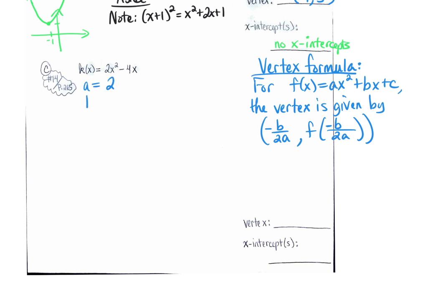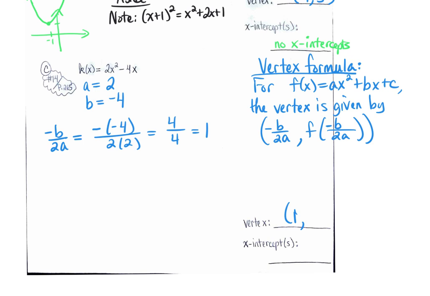Yes, what's B? I heard negative 4, I heard 4. Which one? Negative 4, good. So then, negative B over 2A is equal to negative times what? Negative 4 over 2 times what? 2. This is equal to positive 4 over what? Which is what? 1. Yes? So that is the x coordinate of our vertex. We know x is 1.